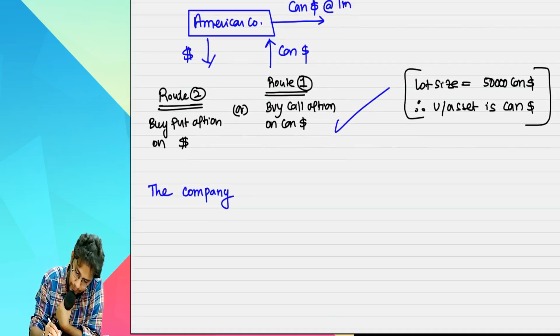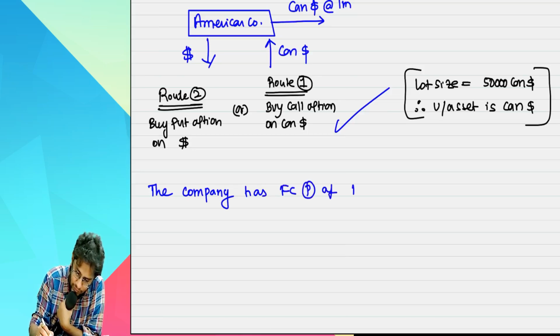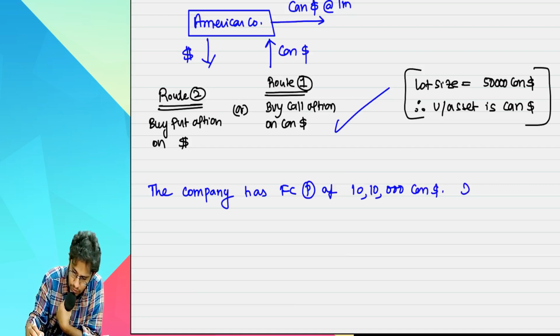The company has FC payable of 10,10,000 CAN dollars.